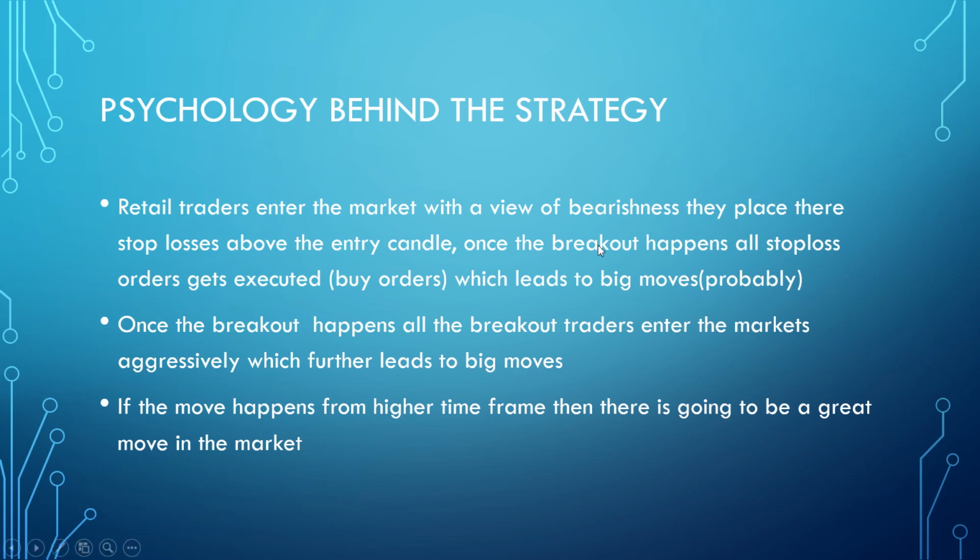Once the breakout happens, all stop loss orders get triggered. Once the stop loss orders trigger, which are buy orders opposite to the sell orders, it leads to a big move. In the later part of the video, I am going to explain this concept with examples. Once the breakout happens, all the breakout traders enter the market aggressively, which further leads to big moves.